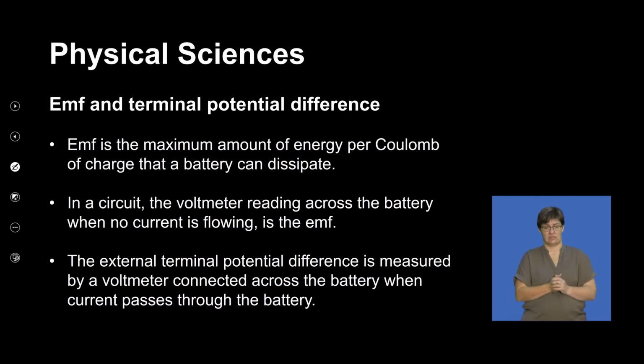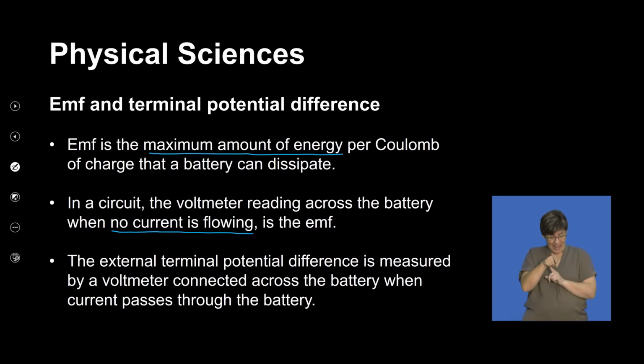Now, the EMF is very important in terms of a simple circuit. The battery provides the EMF, which is the maximum amount of energy per coulomb of charge. So EMF is some form of voltage, because it's also measured in volts. And if we connect a voltmeter across the battery when there is no current flowing, that reading is actually the EMF.